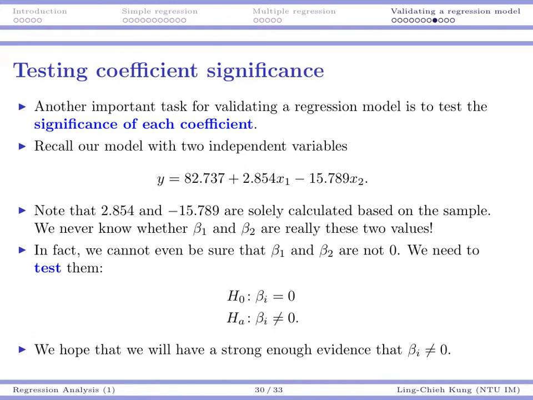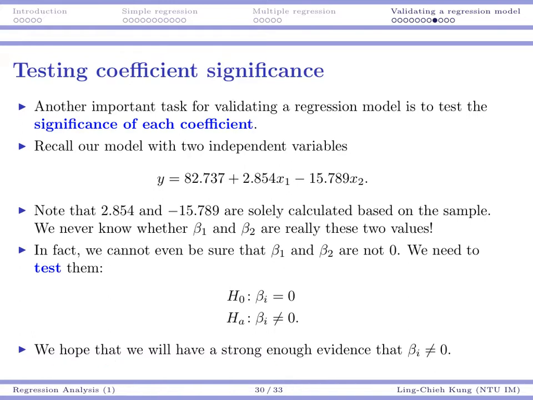So that means we want to do a test about whether beta 1 is 0 or not, whether beta 2 is 0 or not, just like what we did for testing population mean or population proportion.